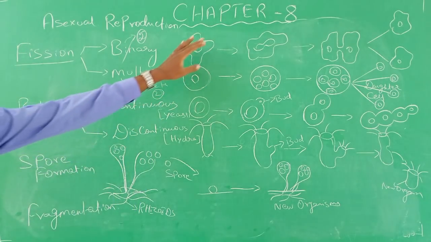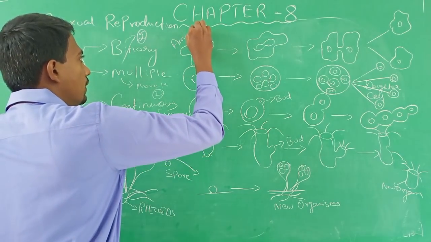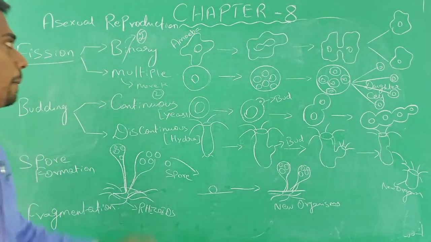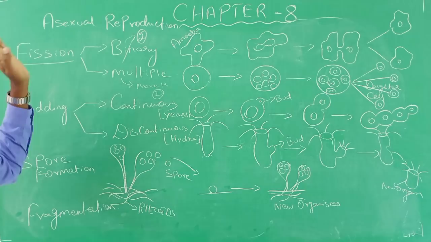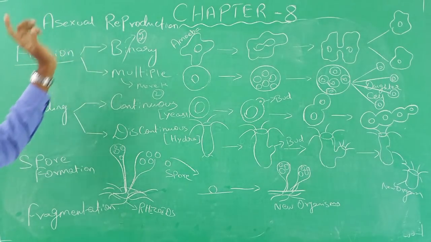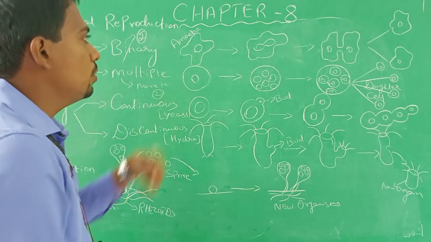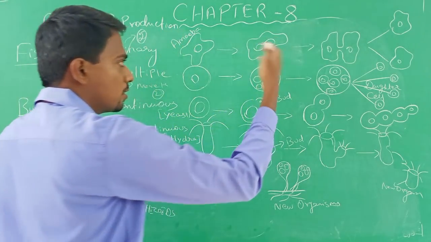The first diagram represents amoeba. Amoeba does the process of binary fission for completing its asexual reproduction. You see, once the amoeba gets matured, the nucleus of the amoeba starts splitting.